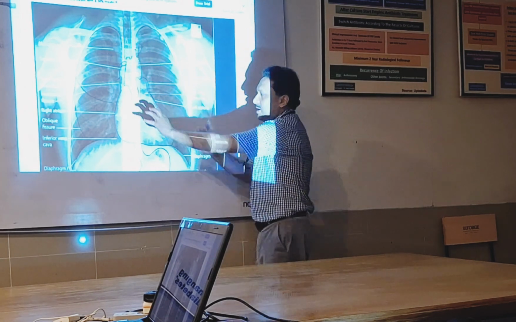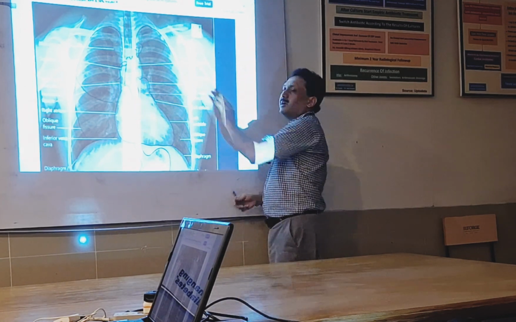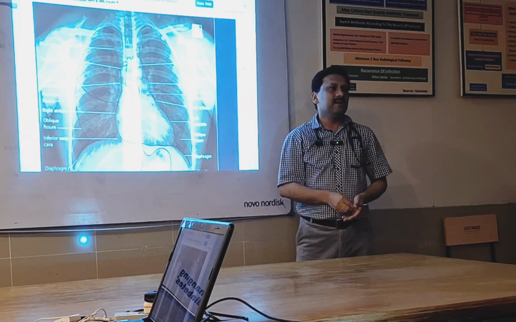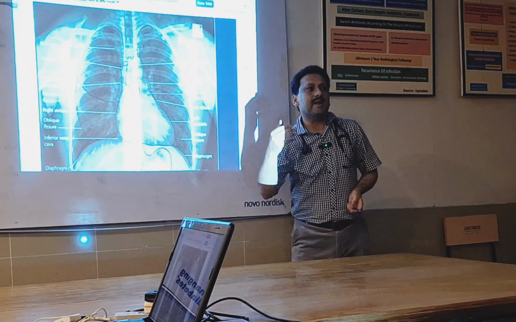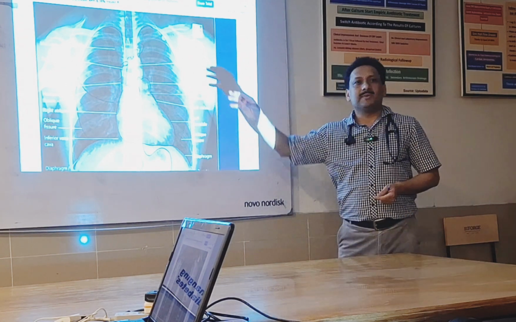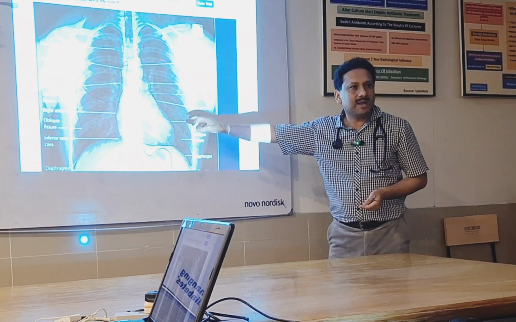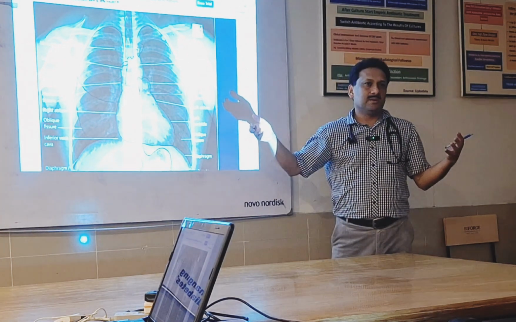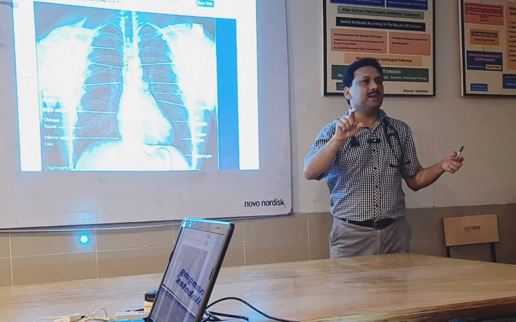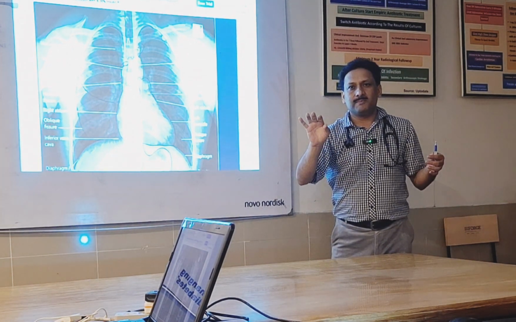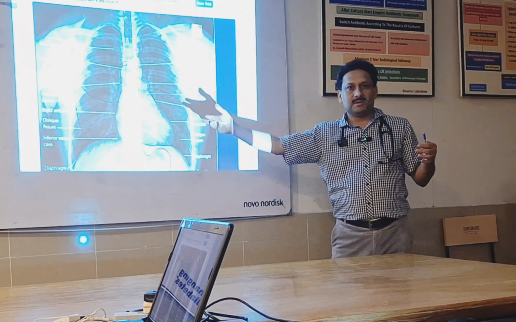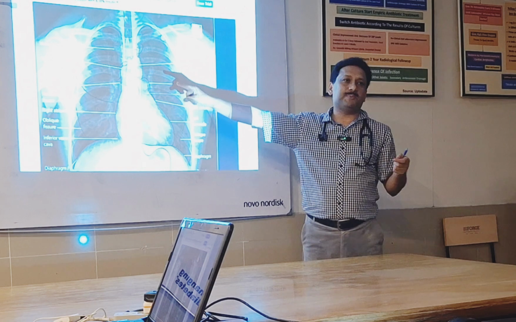Simply with that tilting, the heart can be tilted to the other side. The mediastinum can be tilted to the other side, and you might get an impression on the X-ray that there is a mediastinal shifting or widening, or probably the heart size has increased. So your findings will not be correct. The problem will be the technical detail in the background. So please make sure position is appropriate.